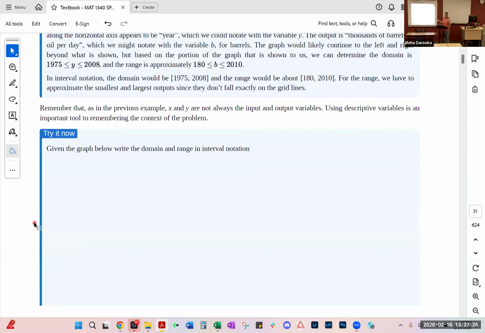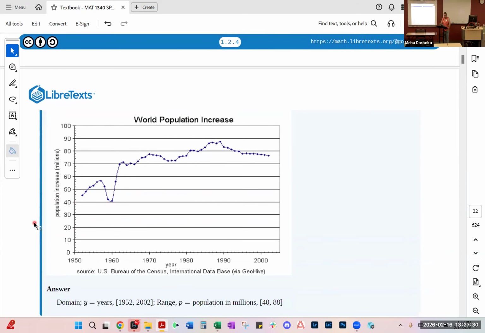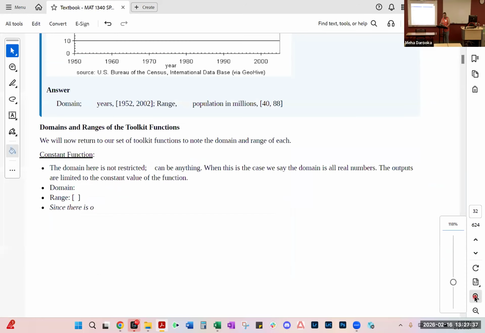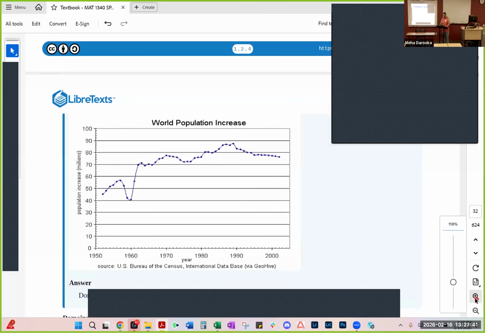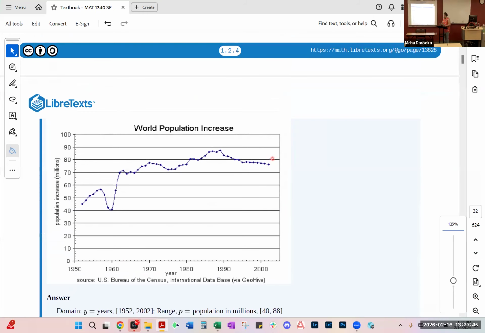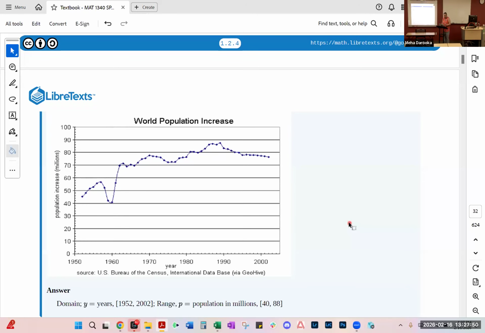So here's another graph we are looking at with its domain and range. Can we see those numbers? Let me make this a little bit bigger. Okay, so making the page bigger doesn't really affect the graph a whole lot, so sorry about that.